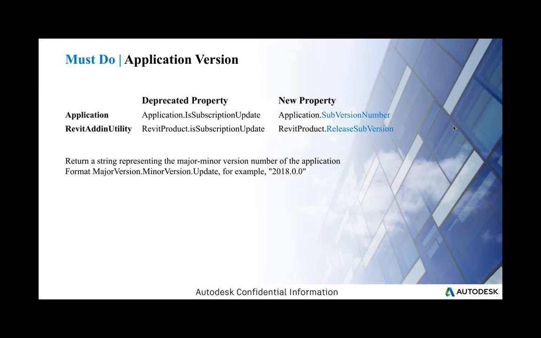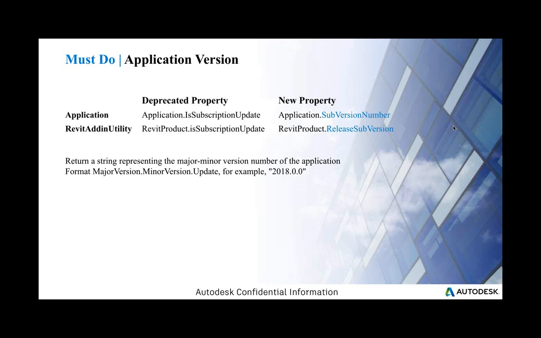So the application property IsSubscriptionUpdate will be renamed, or a new property has been introduced that will replace this in the long run, the SubVersionNumber. And similarly for the Revit add-in utility, the IsSubscriptionUpdate will be replaced in future by ReleaseSubVersion.